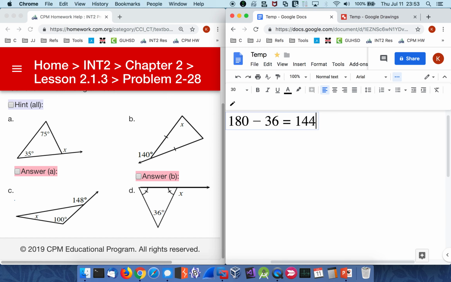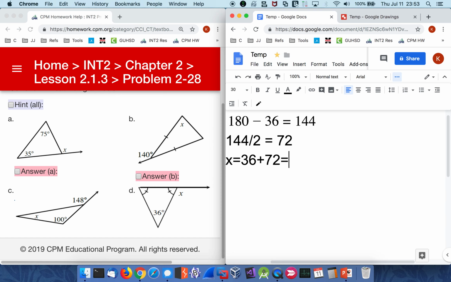And if we divide 144 by 2, 144 divided by 2 equals 72. So each of these two angles must be 72. So x equals 36 plus 72, which is 108.